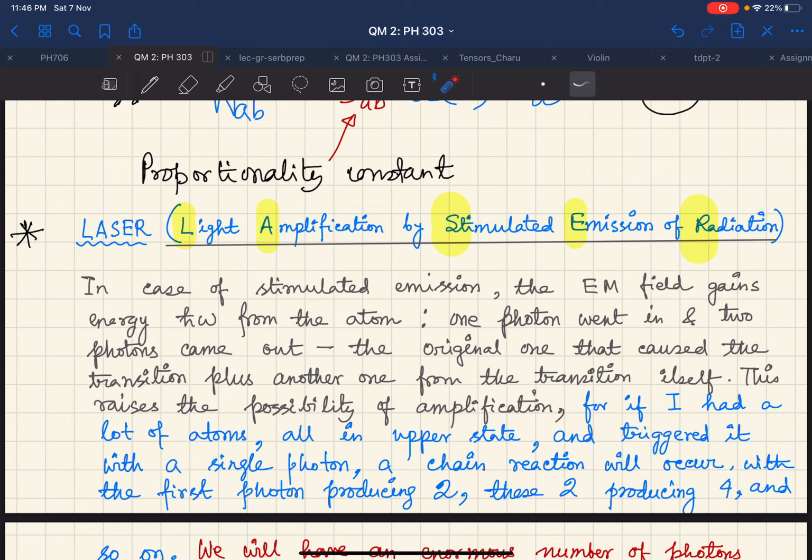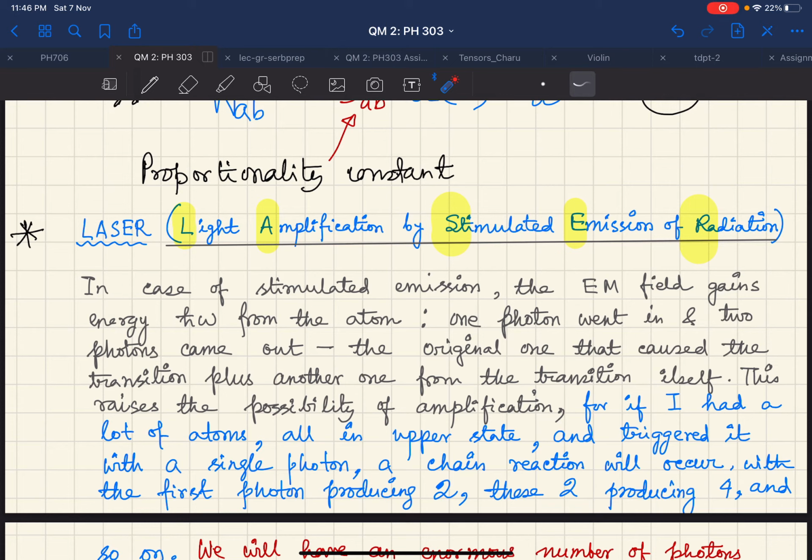So this therefore basically raises the possibility of amplification. Suppose I have a lot of atoms, and suppose by some procedure, some mechanism, I am able to put all of them in the upper state, and I trigger the system with a single photon.